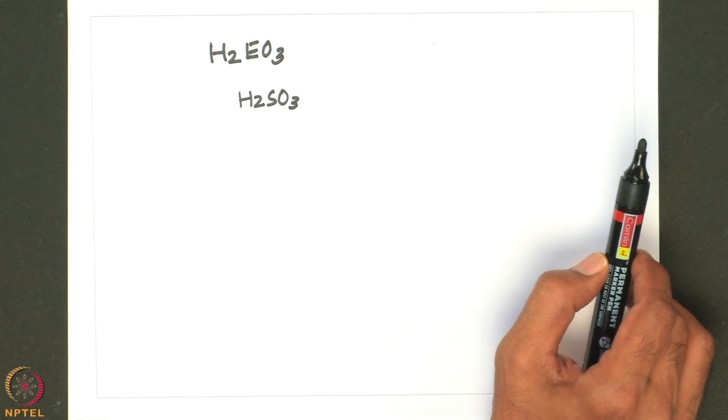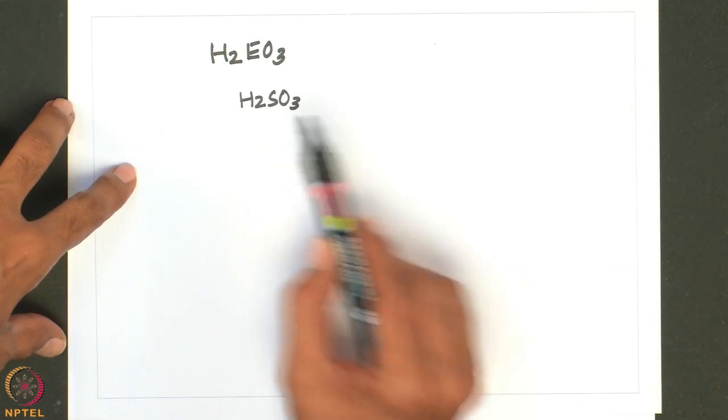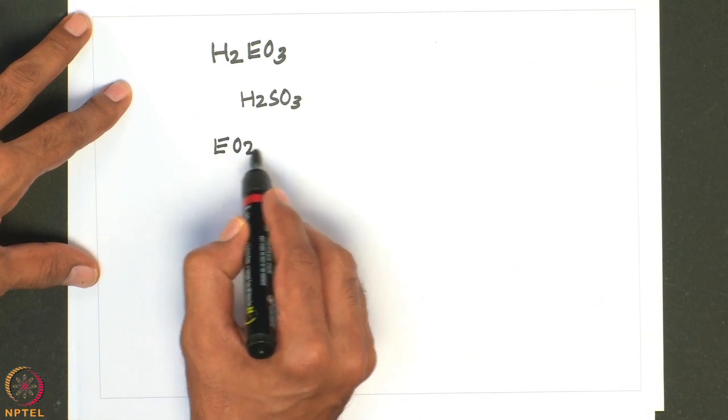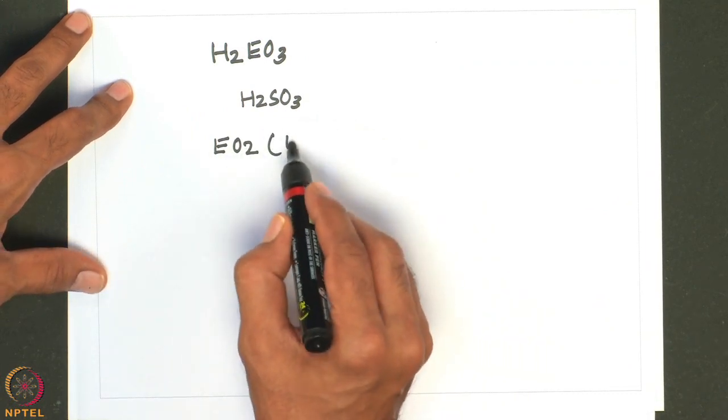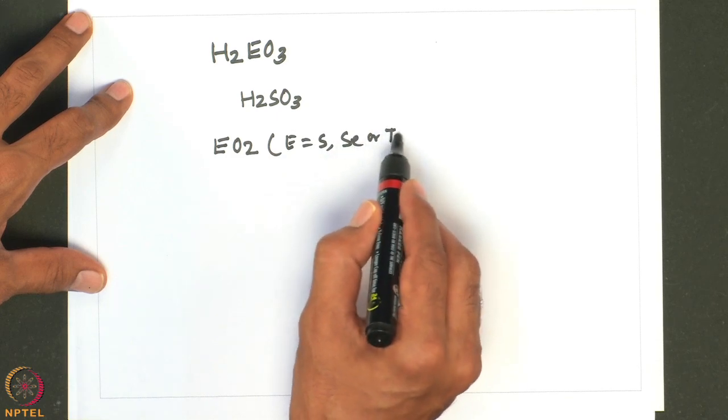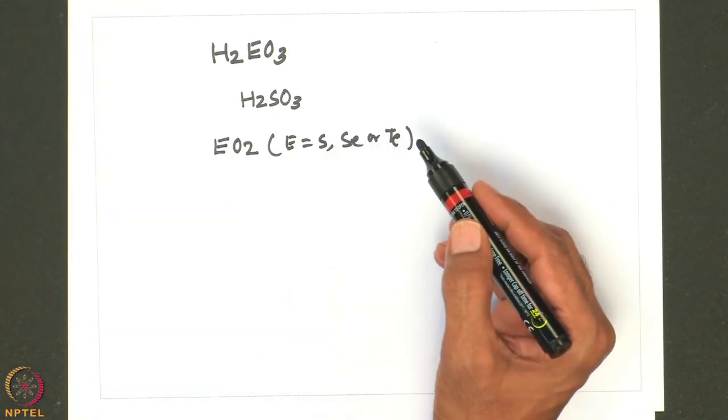SeO2 and TeO2 behave very similarly, but are less acidic than H2SO3. A solution of EO2, where E equals sulfur, selenium or tellurium, in aqueous hydroxide solution gives the corresponding EO3 2 minus or HEO3 minus anions.